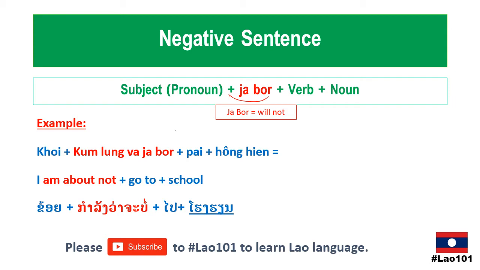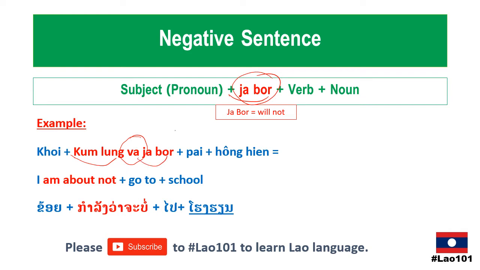So basically, this can be used quite commonly, but if you want to be quite exact like in English, you can say it with ค่อยกำลัง and then with the connection word ว่า, means that or to, ค่อยกำลังว่าจะบ่.